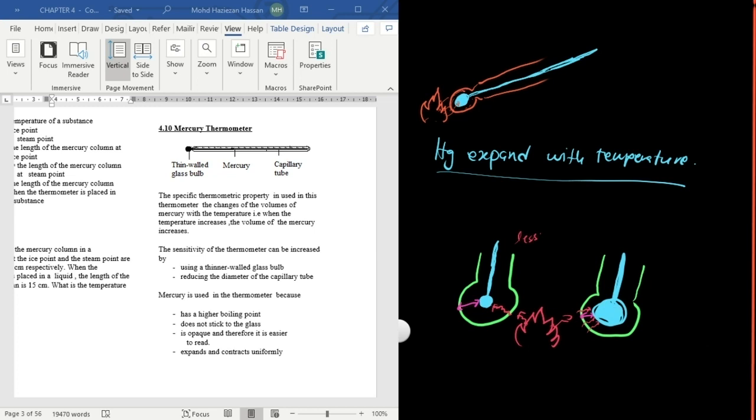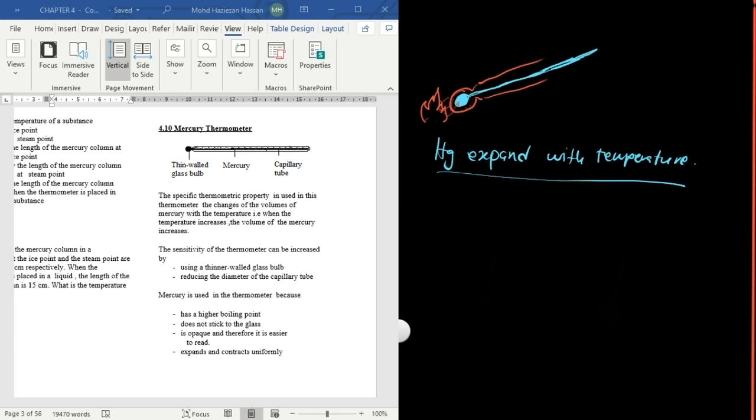Another method to increase the sensitivity of the thermometer is by reducing the diameter of the capillary tube. First, just imagine we have a thermometer here, one with a bigger capillary tube.